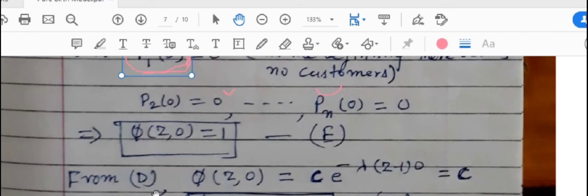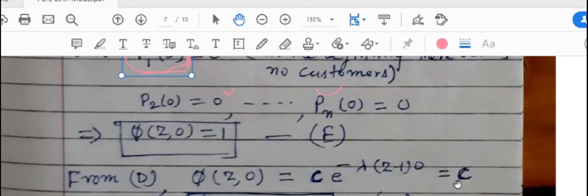φ(z,0) = 1 from this, and this was the solution: C e^(−λ(z − 1)t) with t equal to 0.